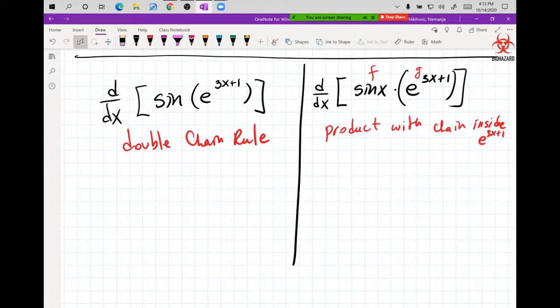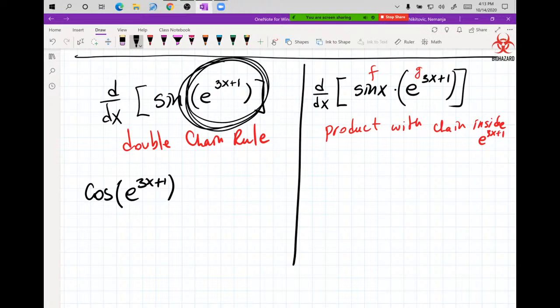On the left-hand side, the outer function is the sine, and then we dig inside for e, and we dig inside for the linear 3x plus 1. Derivative of sine is cosine. Keep the guts of the sine the same. I should call it the argument, but I call it guts.